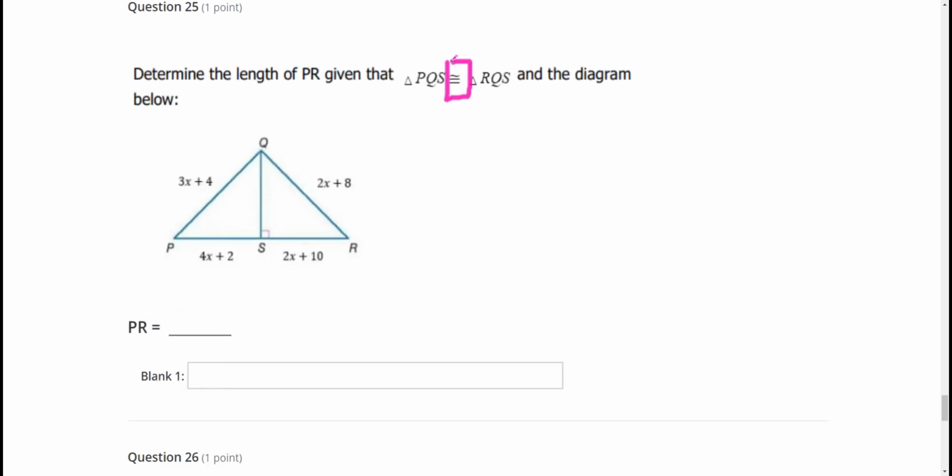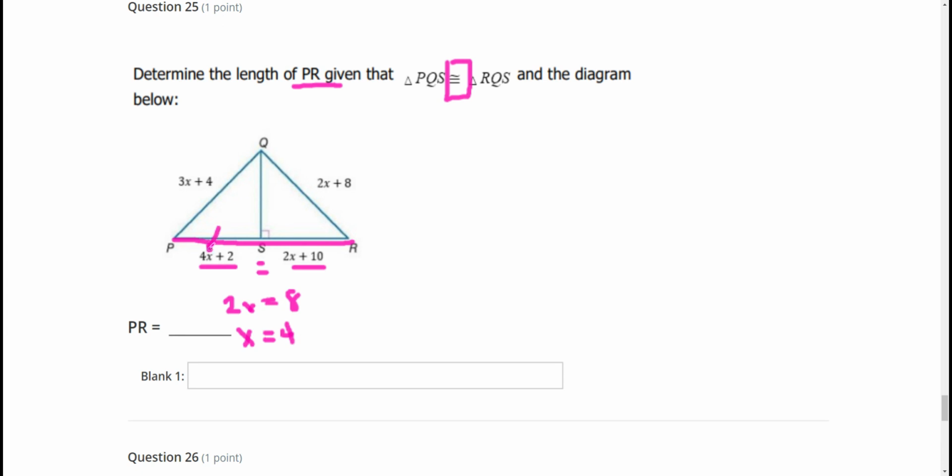If I've got this congruent mark, I can set two things equal. So determine the length of PR. That's the whole distance, so I need to set two things equal to each other, substitute it in, and then double it. This one's tough. If I set these two things equal, I get 2x equals 8, or x equals 4.